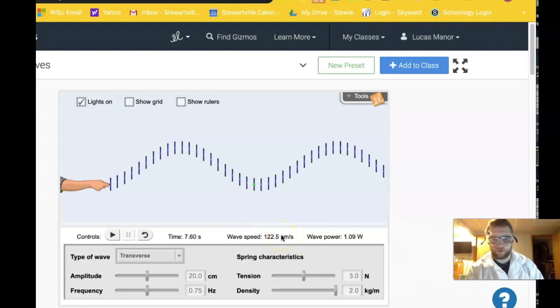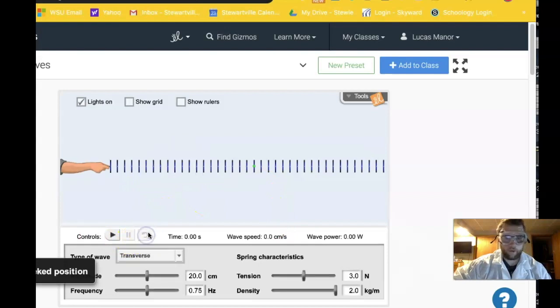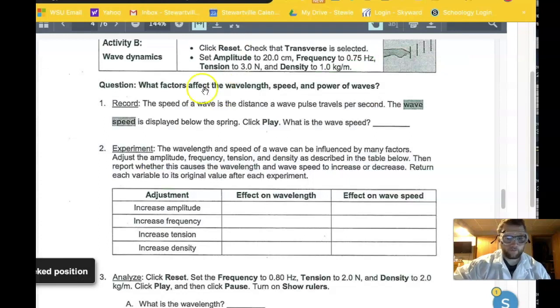Again, our original was 173. So when we increase the density, both the wavelength and the wave speed are going to decrease. Let's reset our wave and see what we need to do for number 3.